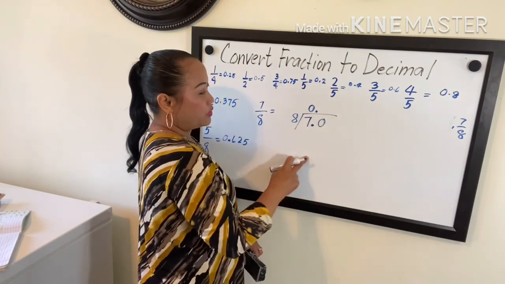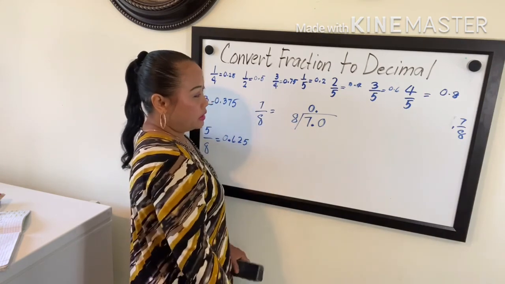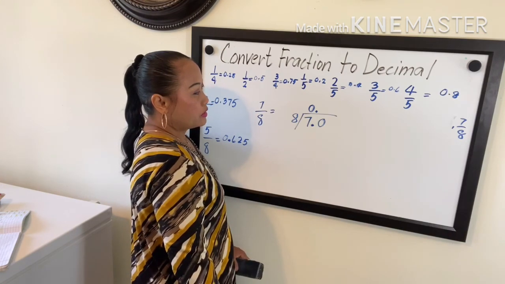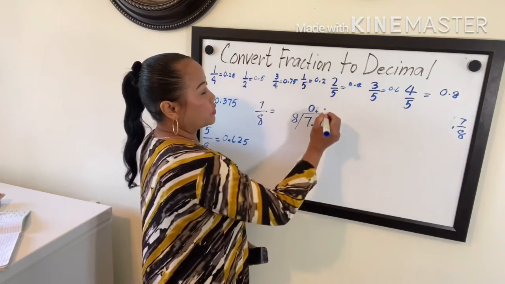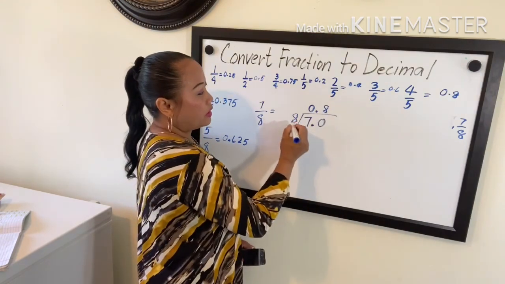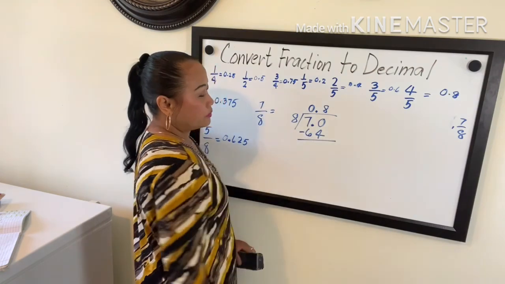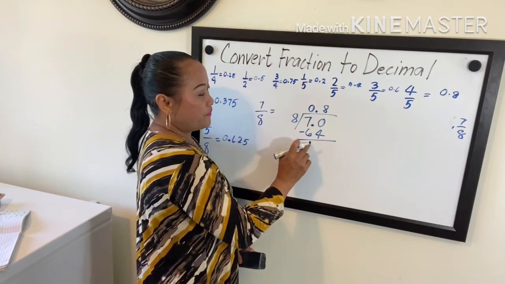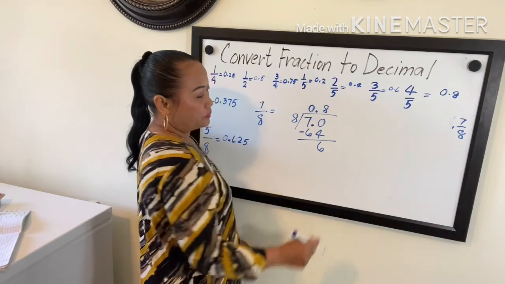And then now we have 70 divided by 8. How many 8s in 70? 8 times 8 is 64. So it's 8. Then we will subtract. 70 minus 64 is 6.